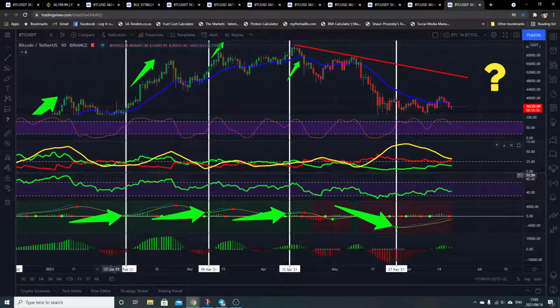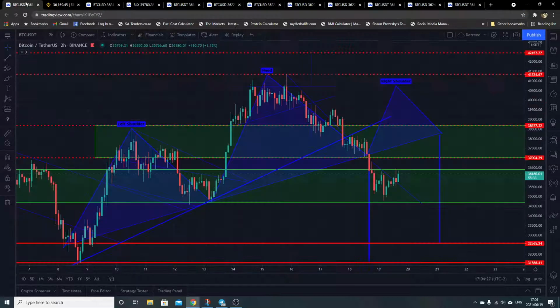This little indicator here is 100% correct every single time, as long as you use the RSI, stock RSI and the RSI. This indicator is 100% all the time, and it's telling me the bears are still in charge.